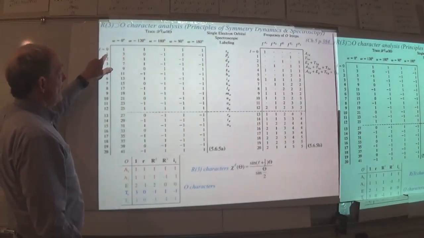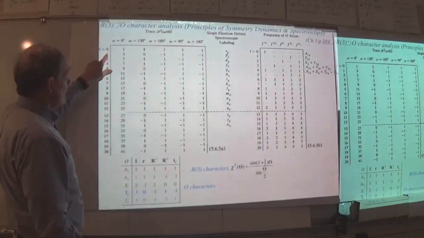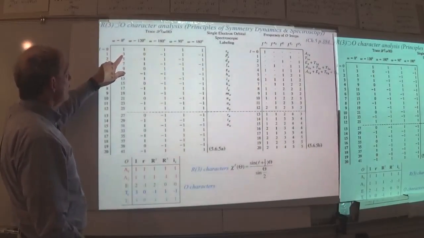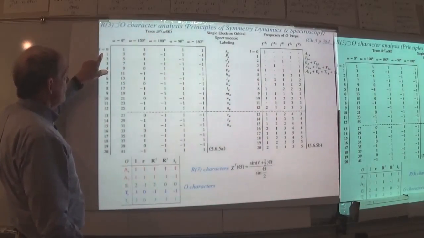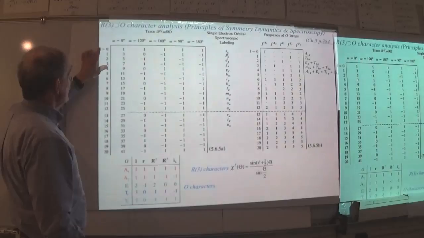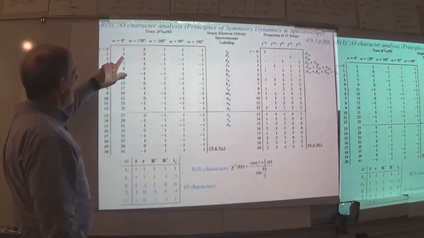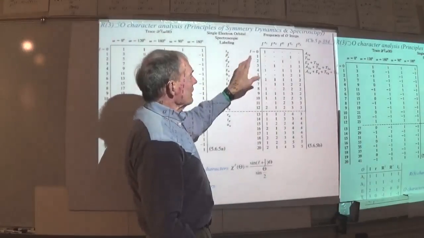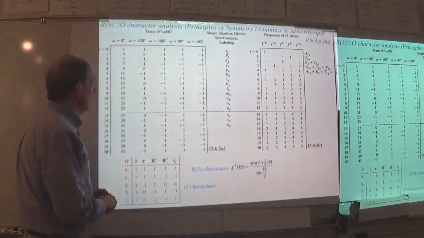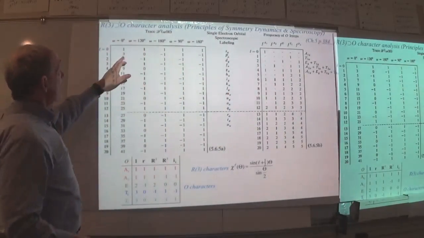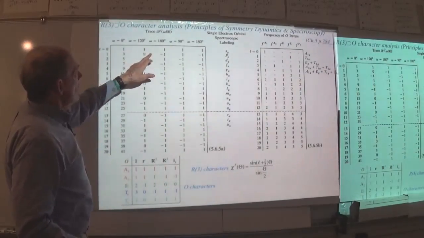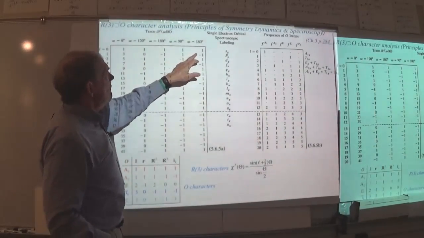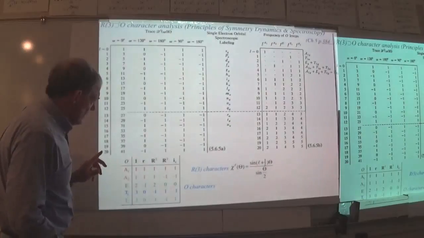Angular momentum 1 is next. It has a dimension of 3, 2 times J plus 1. It's not J, but L is written there, a rather poor looking L. That should be J for us. We're doing molecular stuff now. So I get 3, 0, minus 1, 1, minus 1. Do you see anything like that?